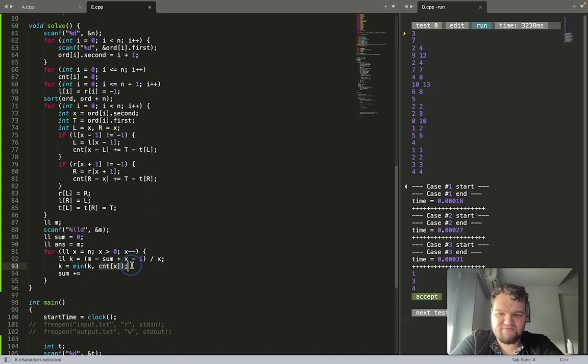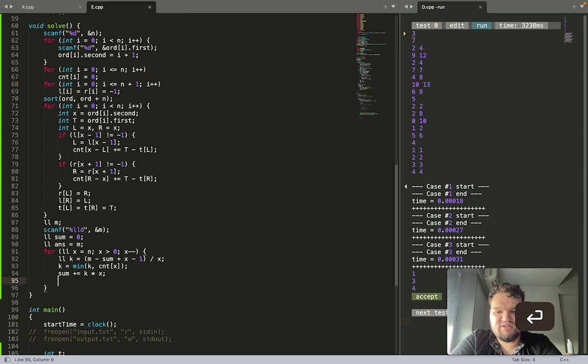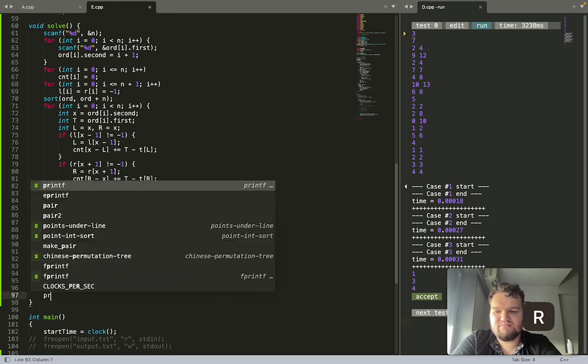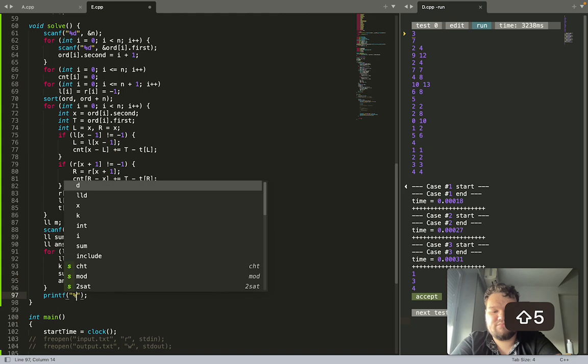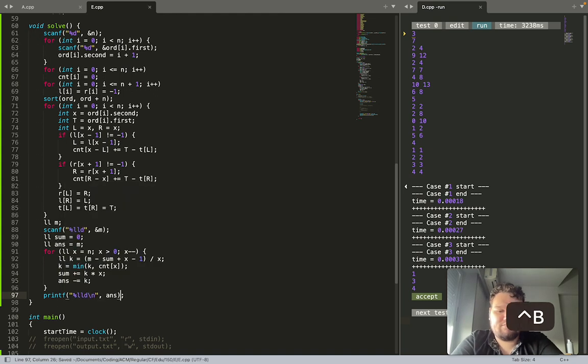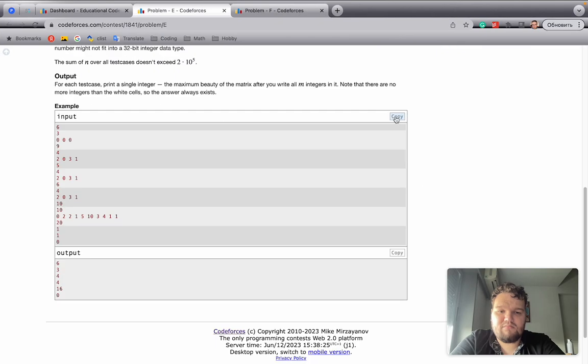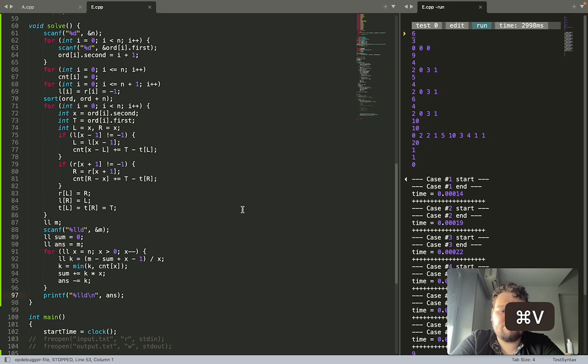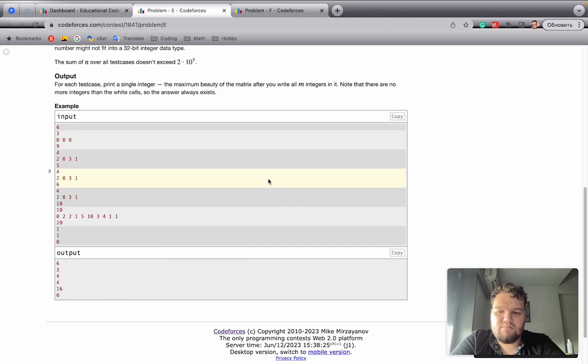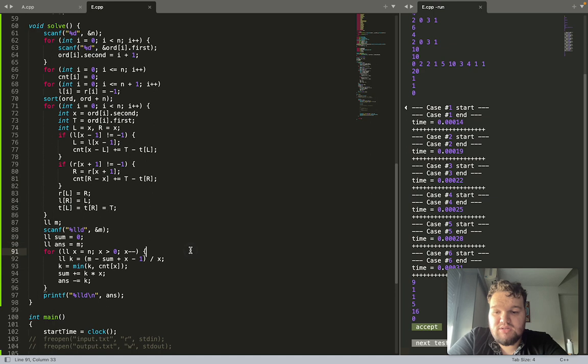But we only have cnt x of them actually, so we will take only the minimum of what we need and cnt x of them. Then we increase sum by k times x, but decrease ans by k. That is incorrect.